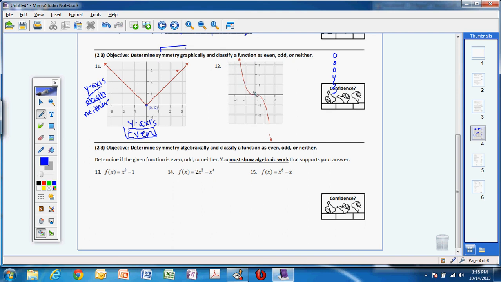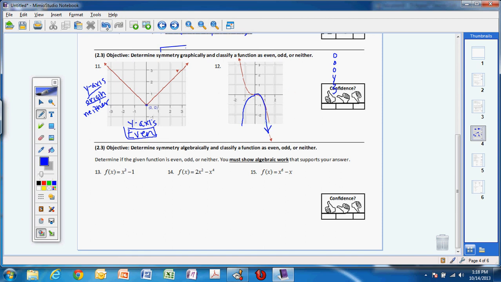So origin, remember, is if we were to spin it around our origin 180 degrees, or flip it upside down, if you will. Another way you can think about this is if I were to flip it over my x-axis and then flip it over my y. So this part right here, if I flip that over my x, that would be here. And if I flip that over my y, that would be here. And notice it falls along this. That was a really bad drawing, but it falls along this.